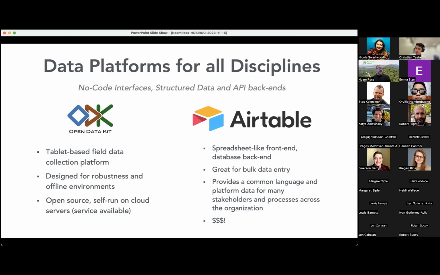It actually comes originally from the humanitarian response field. It was developed by people who were doing data collection for purposes like nutrition surveys and refugee camp delineation and lots of things that occurred in very low resource environments. So it's really developed for robustness, really developed for poor connectivity, things like that.